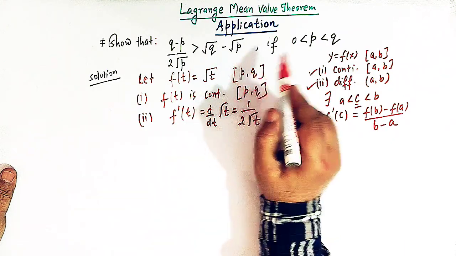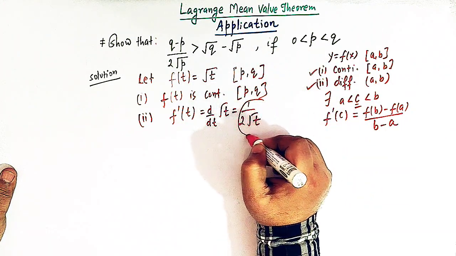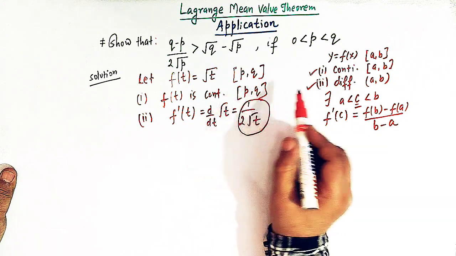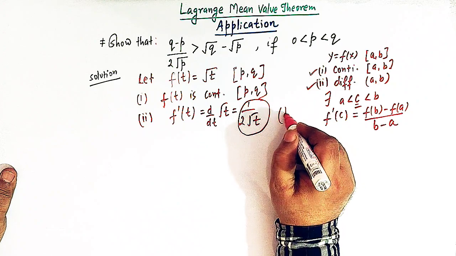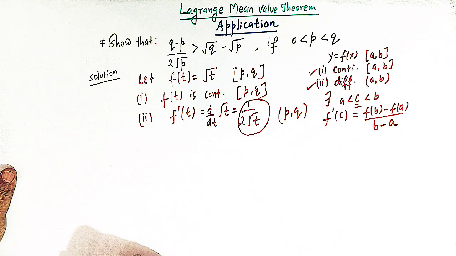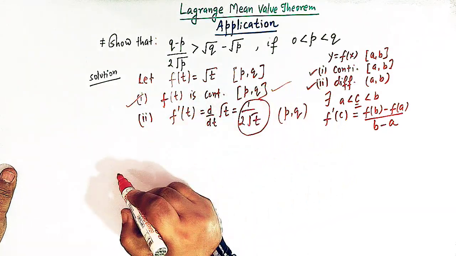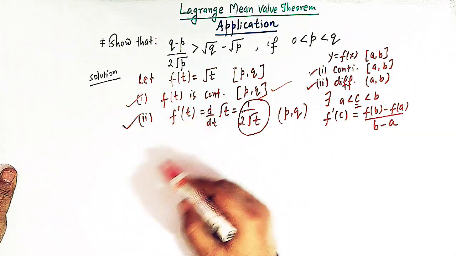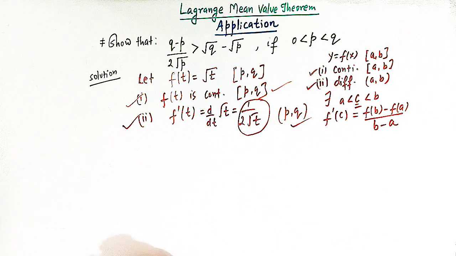Since p and q are both greater than 0 and positive, the derivative exists for all values lying in the open interval p comma q. So this function f of t is continuous in the closed interval p comma q, and differentiable in the open interval p comma q.